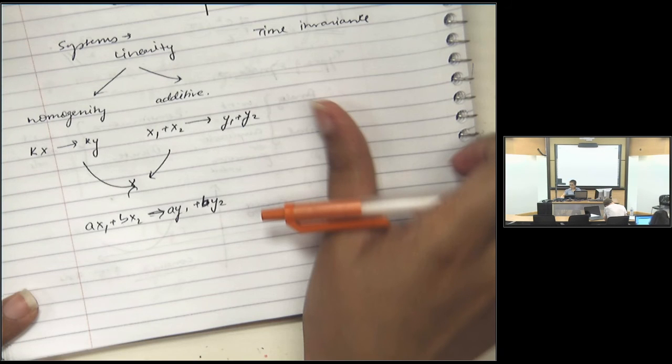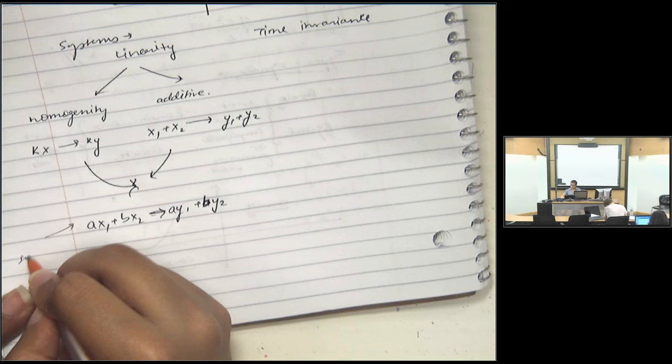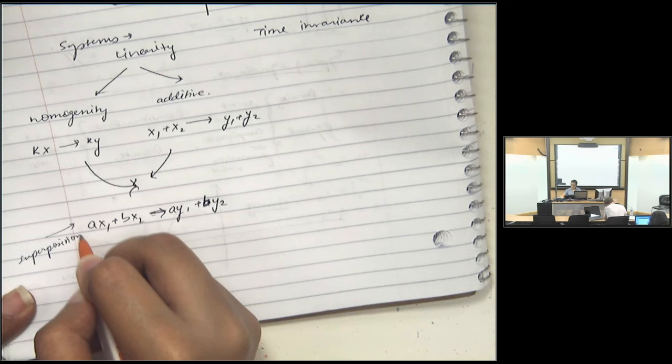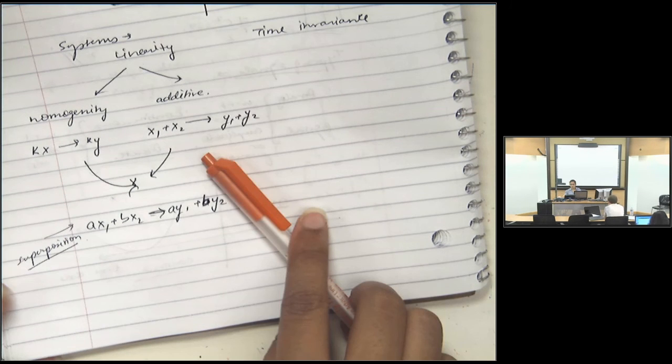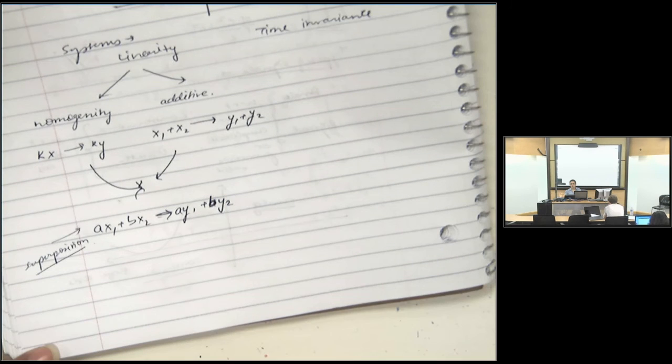Okay, so this is superposition. So first, the quick test for linearity is if you put an input of 0, do you get an output of 0? If that is not satisfied, your system is non-linear. But if that condition is satisfied, you still need to go further and test these conditions. That is not a fully sufficient test.